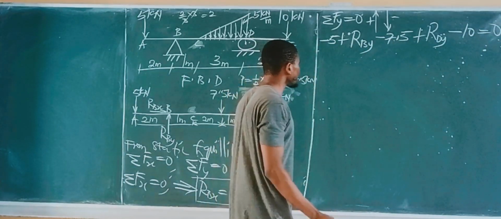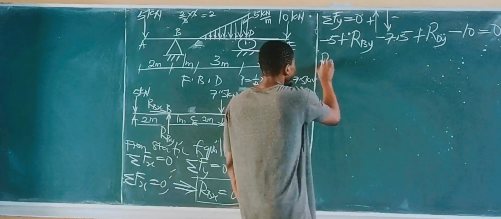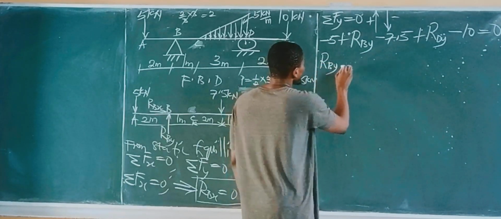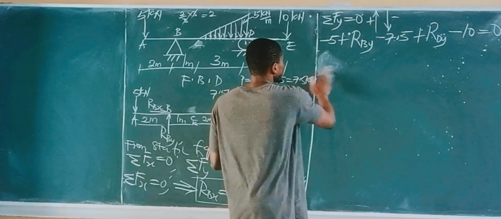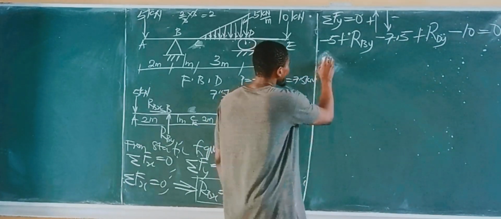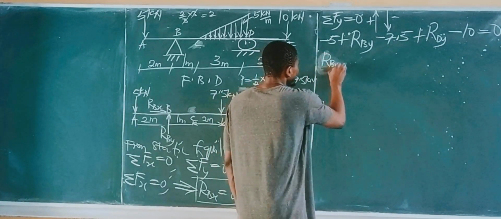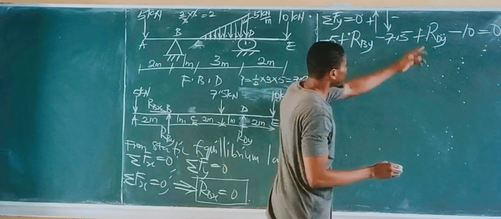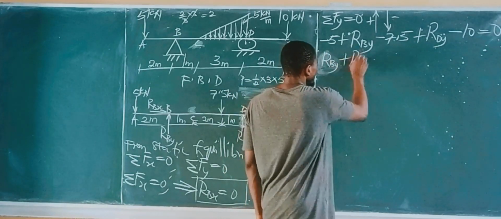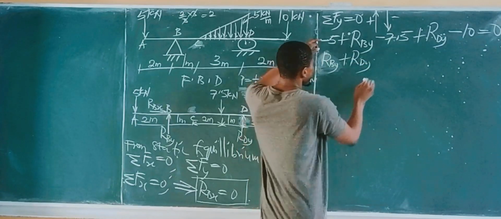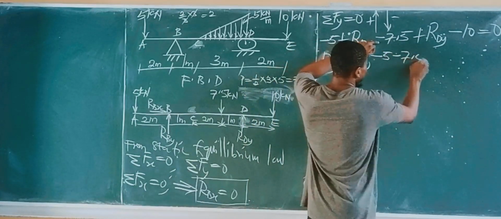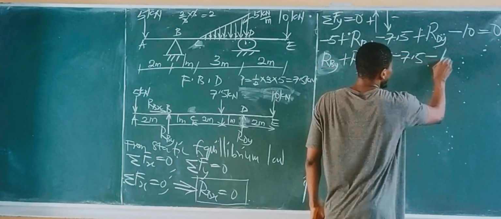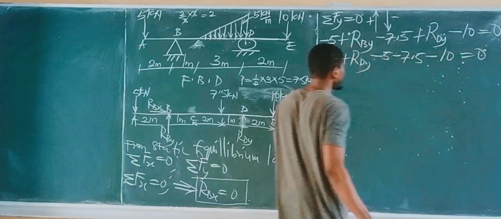Alright, so we connect like this now. We have RBY plus RDY. Let's bring the plus RBY and plus RDY together. Now minus 5, minus 7.5, and minus 10 equal to 0.